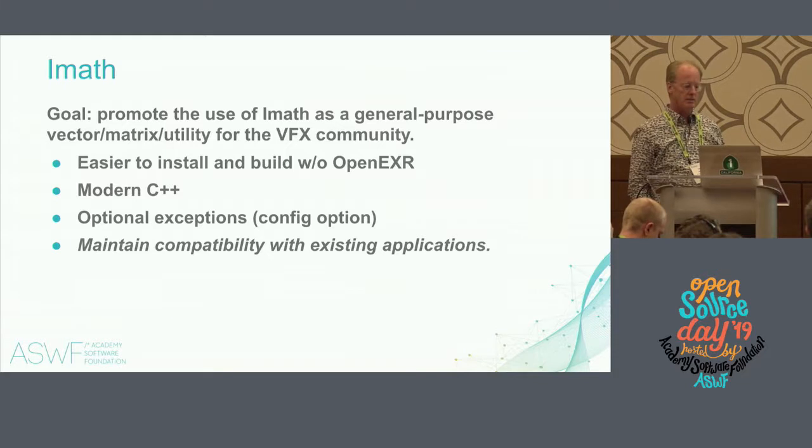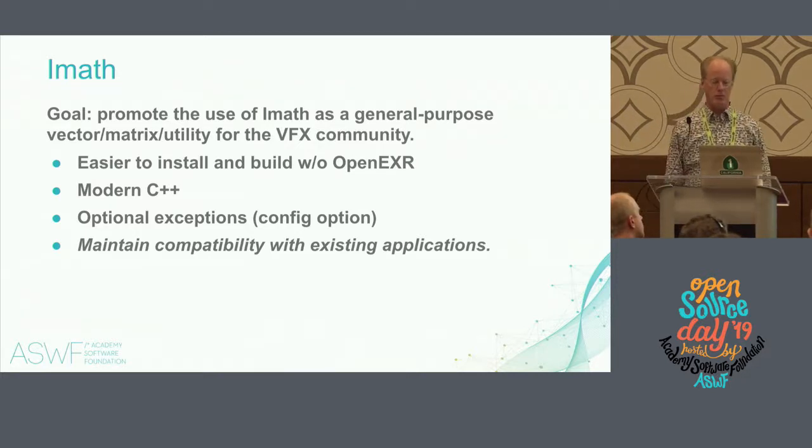The idea is that there's a bunch of different vector matrix math utilities out there. Lots of projects have developed their own for one reason or another. Wouldn't it be better if multiple projects could use the same thing? HighMath has a lot of fans and supporters, and it's used.